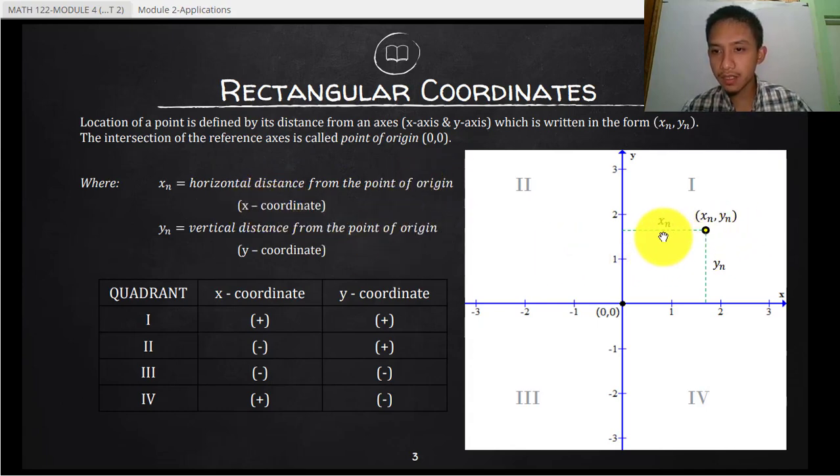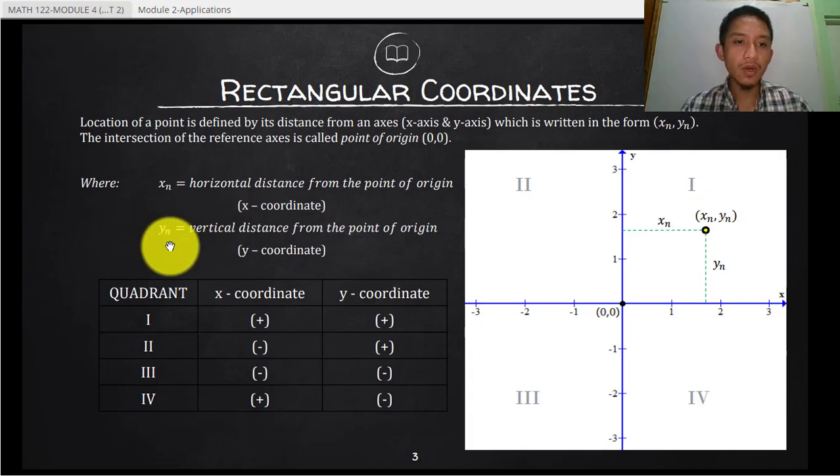If you look here, that is just the distance of this point to the y-axis. So that is the horizontal distance, your first number in your coordinate. And then y sub n is the y coordinate, or the vertical distance of the point from the point of origin.